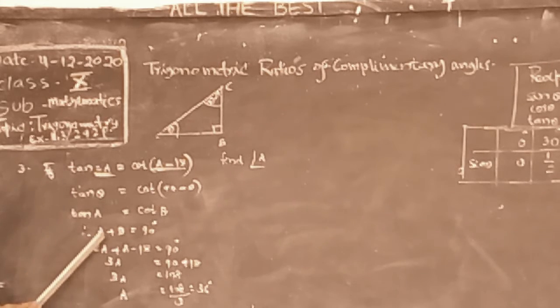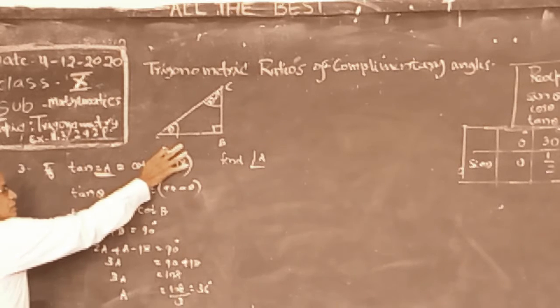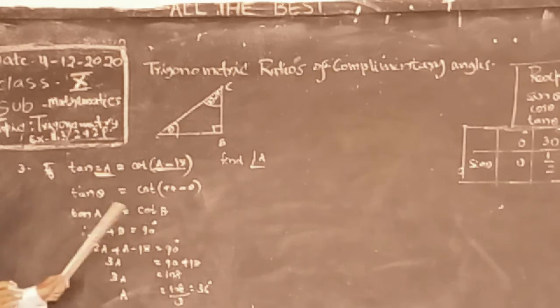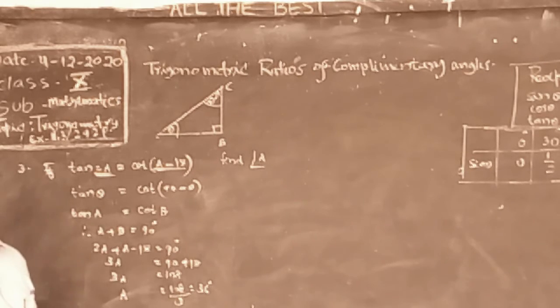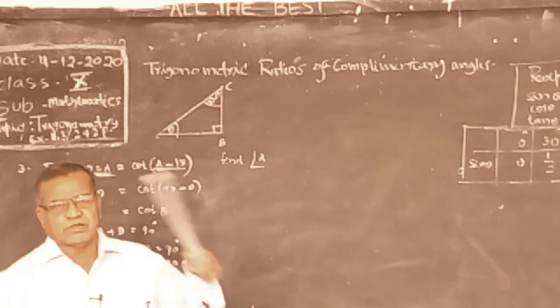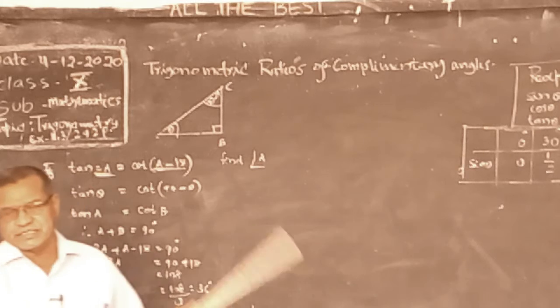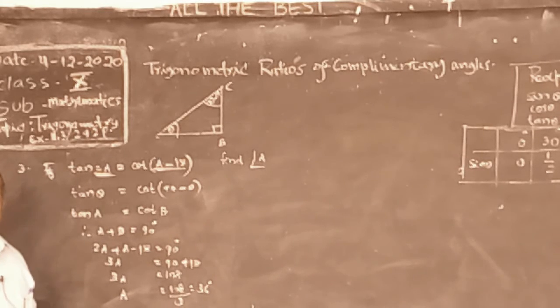So A plus B is 90. If sin x is equal to cos y, suppose, then x plus y is 90. Next one.